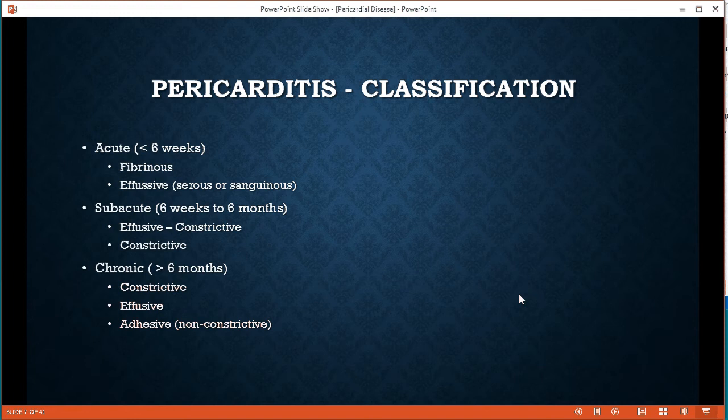And what I talked about in class is if you have a fibrinous sort of material that's causing pericarditis, that's usually an exudate of sorts that is in the pericardial cavity.